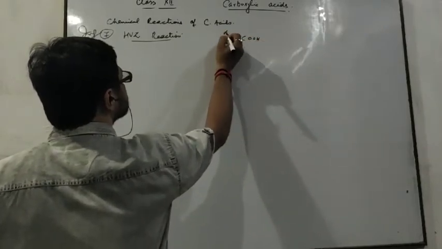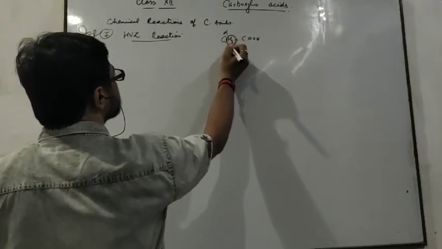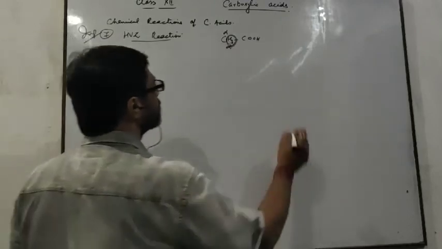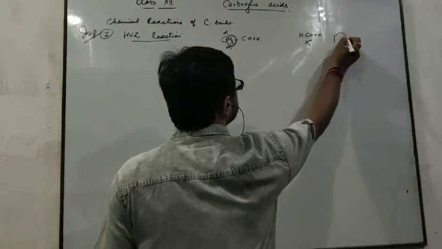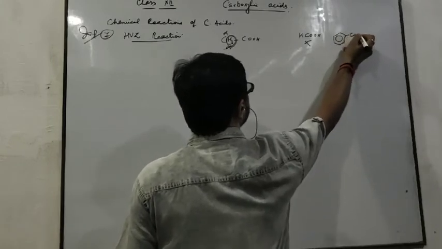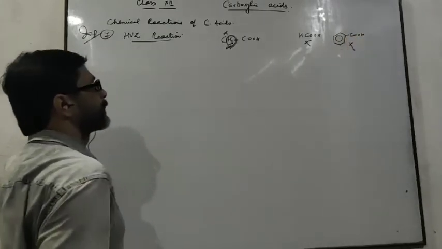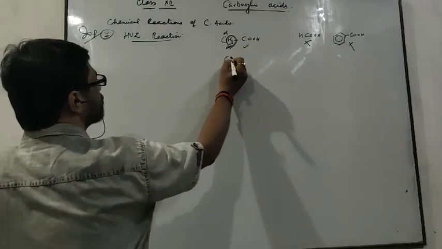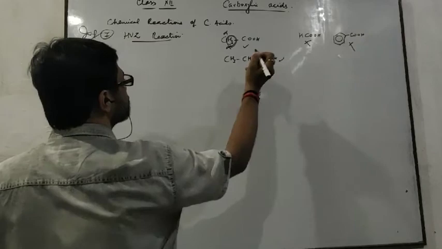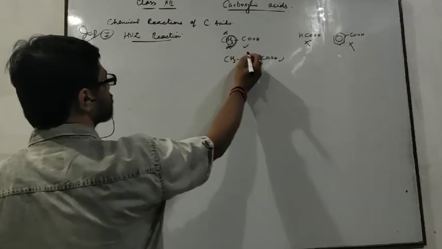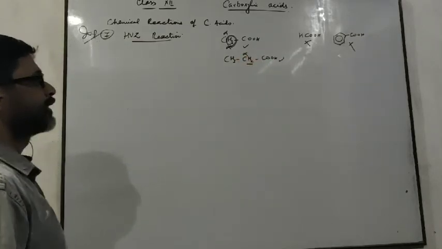This is the alpha carbon and these are alpha hydrogens. This reaction is not shown by this compound. This reaction is not shown by this compound. Okay, shown by this compound CH3CH2COOH. This compound also gives this reaction due to presence of alpha carbon and alpha hydrogen.